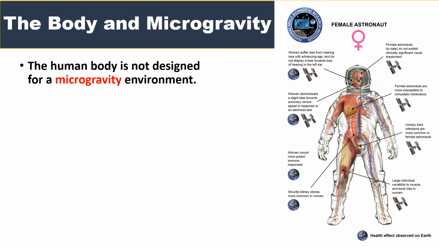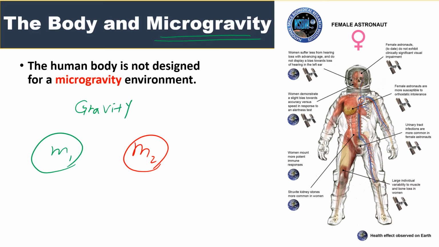Another challenge that people experience is something I like to call microgravity. Gravity, first of all, works like this. Imagine you have one object that has a mass, and another object that also has mass. These two masses don't have to be equal.